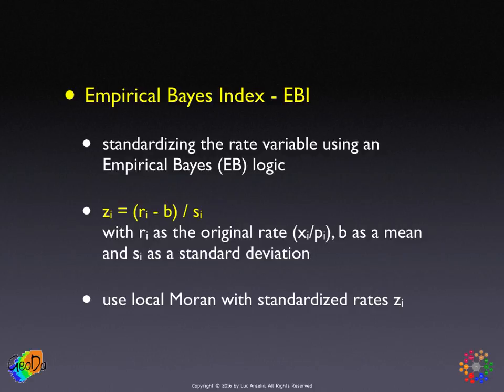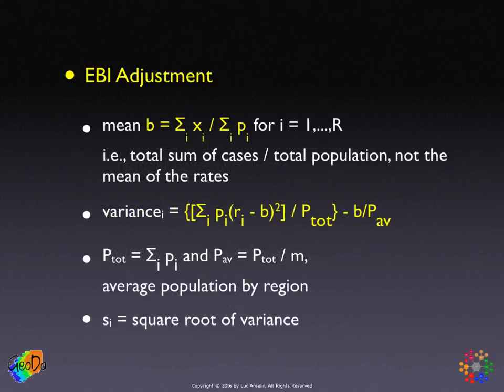This transformation technically is fairly complex, and we won't really go into the detail. I've included the paper in the reading so you can explore this further there, but the principle for the mean is very simple. The mean is basically the average, so not the average of the rates, but the average of the cases per population.